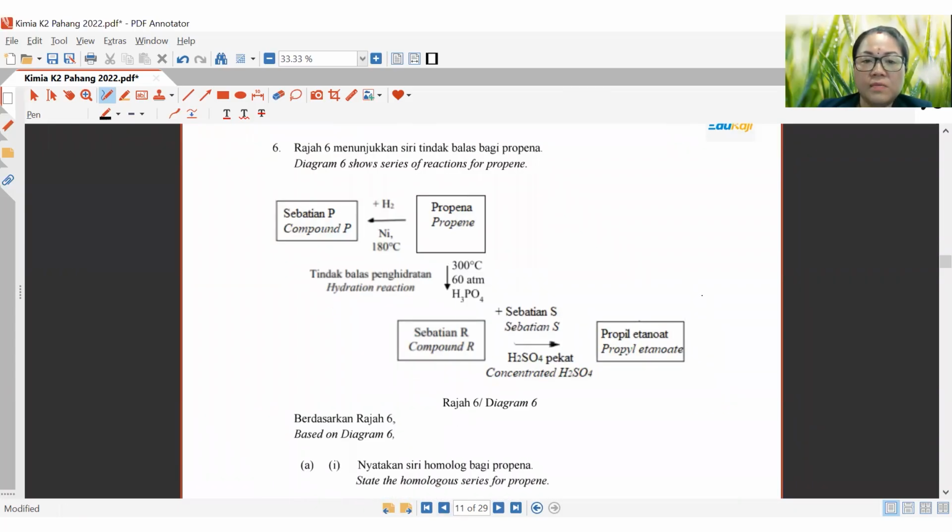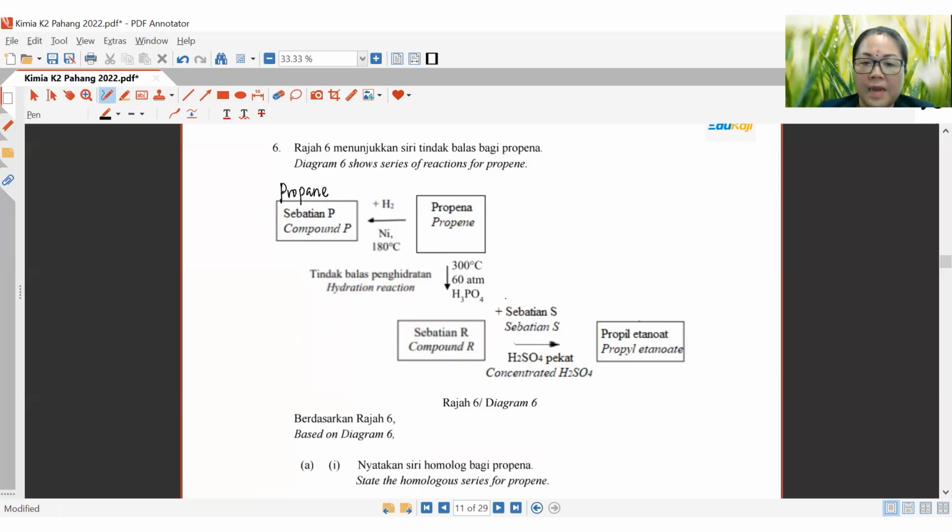Okay, diagram 6 shows series of reaction for propene. Okay, whereby you have propene going through hydrogenation, to produce compound P. So if it's propene undergoing hydrogenation, normally this is what we call a propane.